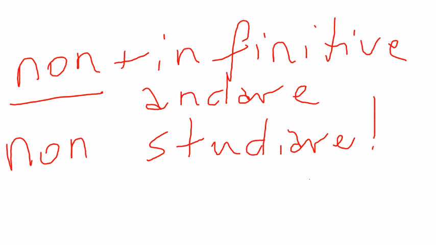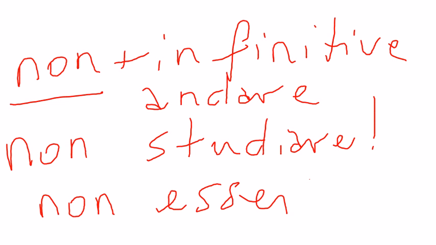If I want to tell a person in front of me, do not be, I would just say, non essere. I'm sorry, this is supposed to be an E, of course. Alright? If I want to tell somebody in front of me, do not be stupid, I would in fact say, non essere stupido.